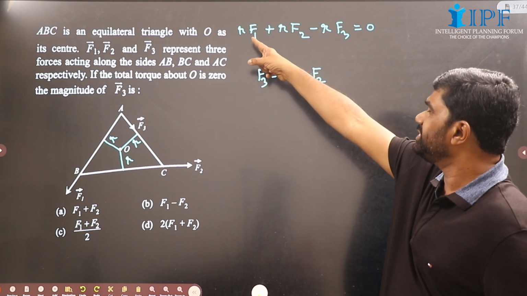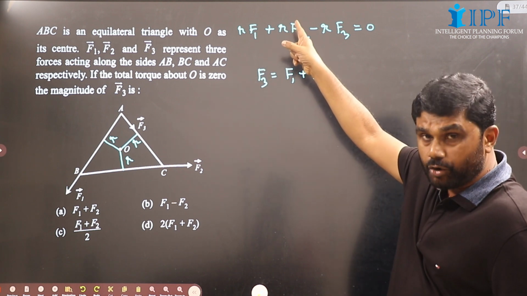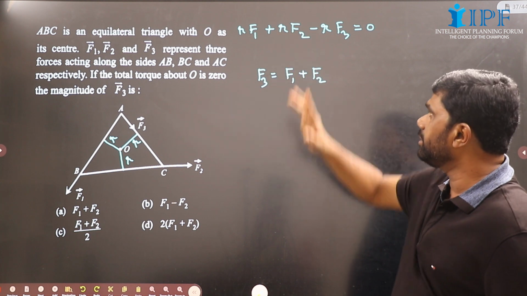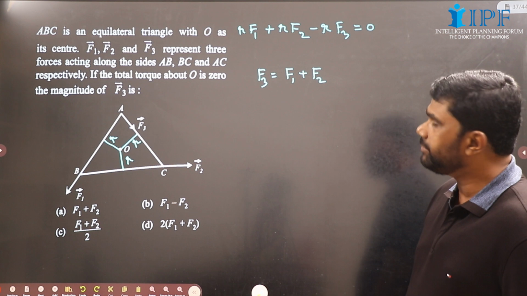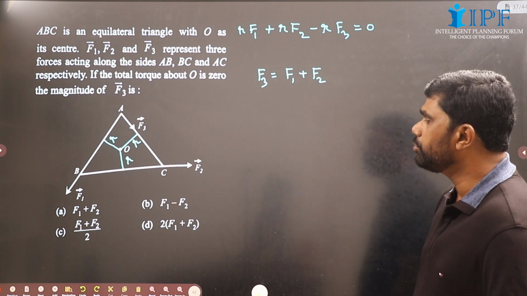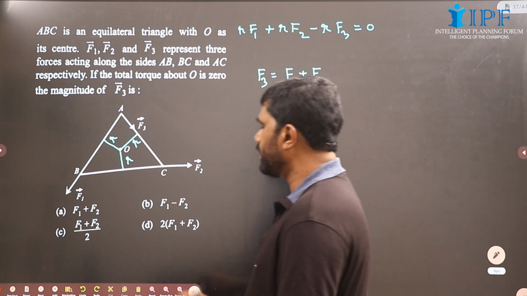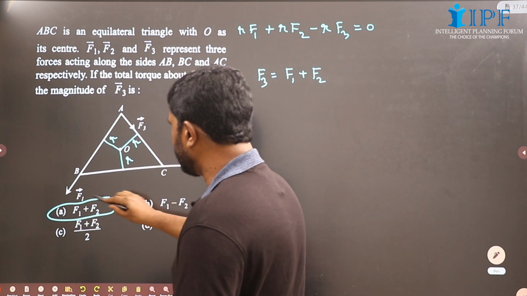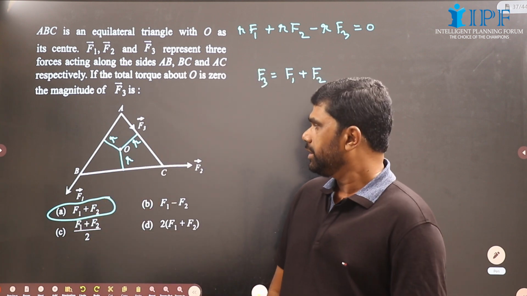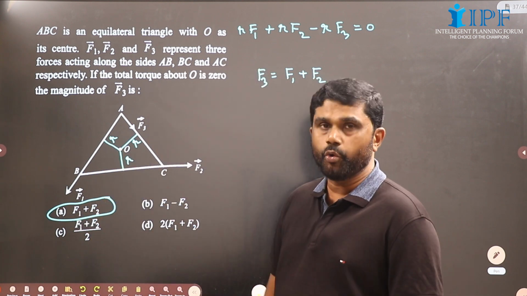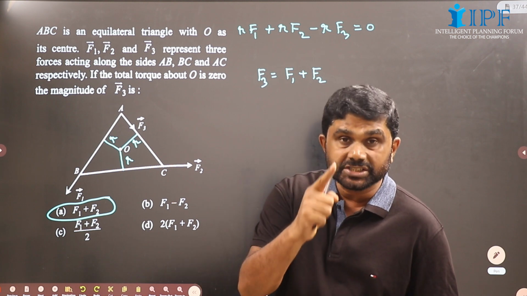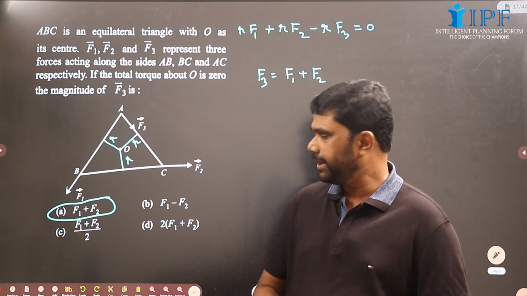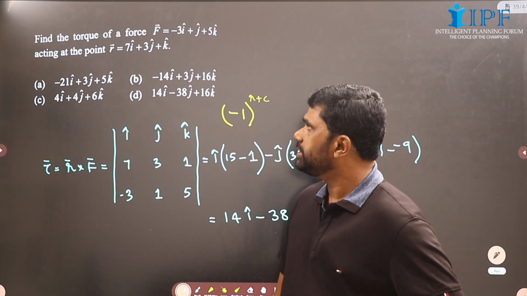These two torques in the counterclockwise direction I have taken positive, this one in the clockwise direction I have taken negative. So we will get F3 equal to F1 plus F2. Now see, this is the centroid O, and all the three sides are at equal distance from the centroid. Now let's see the next question.